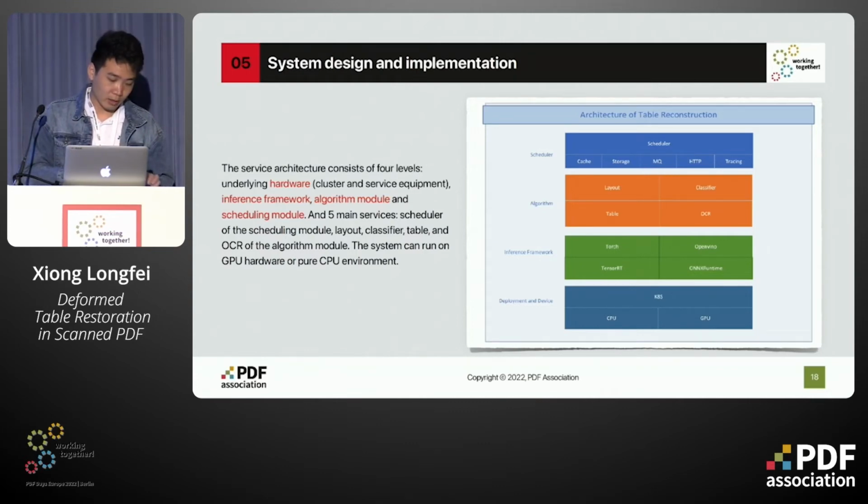The second layer is the inference framework. The third layer is a variety of algorithm capability models, which include deep learning models. The top layer is a scheduling layer, which is used for business process and external interfaces.